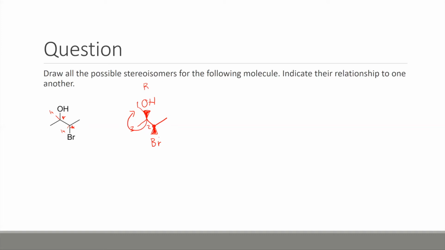At this carbon, the bromine gets precedence. So this is 1, this would be 2, and this would be 3. So again, this is still clockwise, so this is also R configuration. So let me just draw that out again.